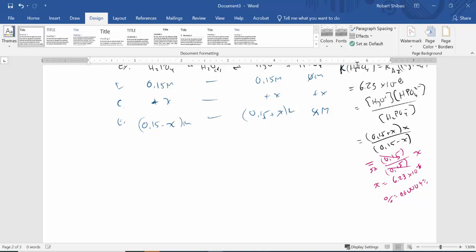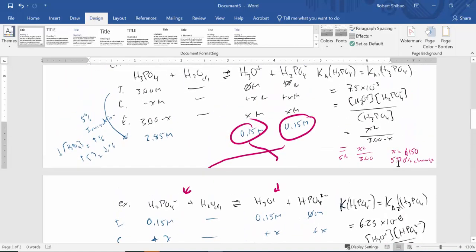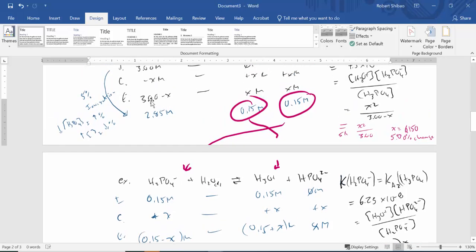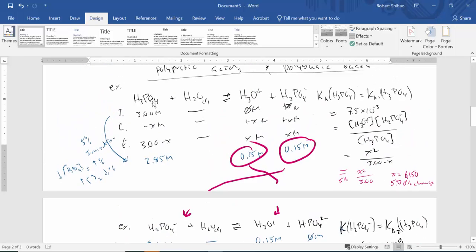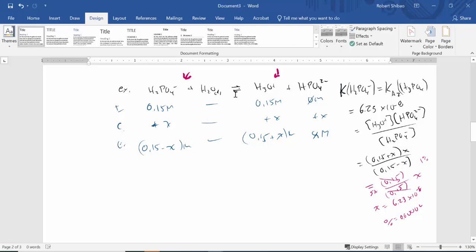It's quite small. So here, even if I use the quadratic equation, it would make no difference. Whereas in step 1, I would have preferred to use the quadratic because at 5%, that's at the limit. And so I probably would have done the quadratic there, skipped the quadratic here, or I would have picked 6 molar or something like that. If I picked 6 molar phosphoric acid or something even higher, then the percent change would be smaller.